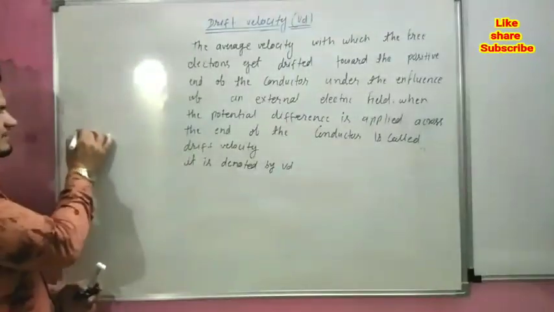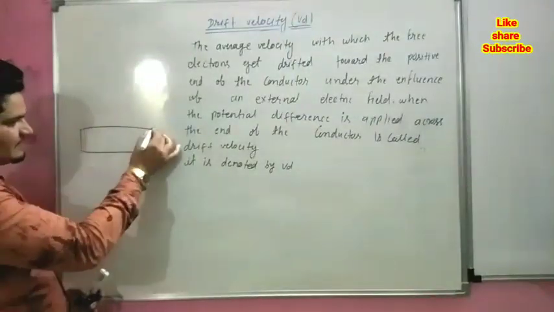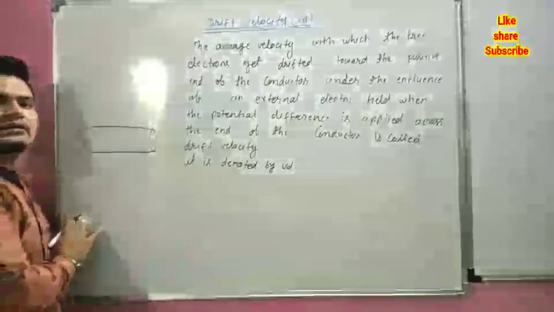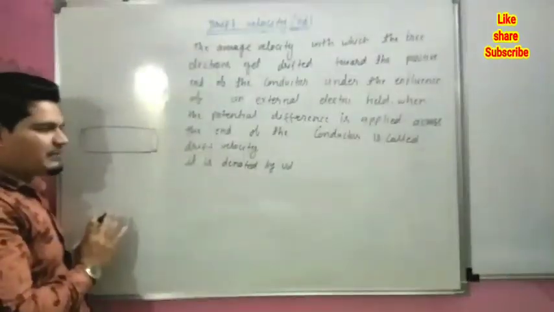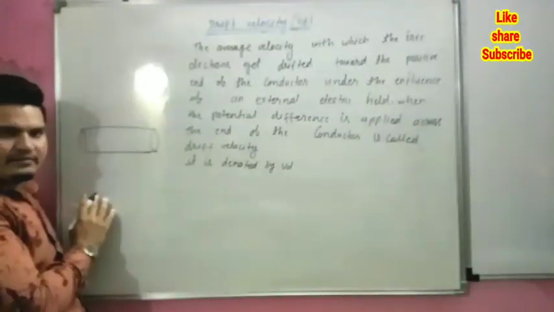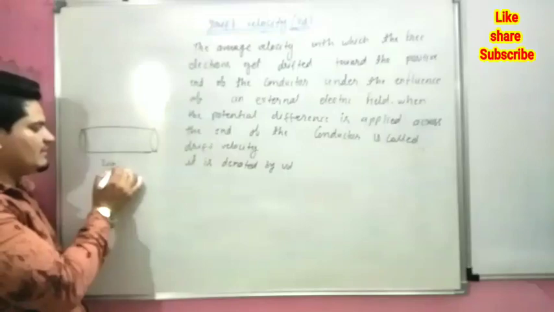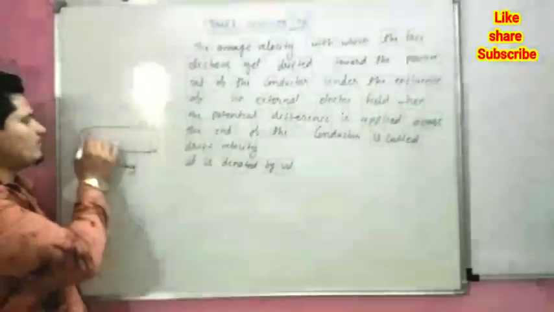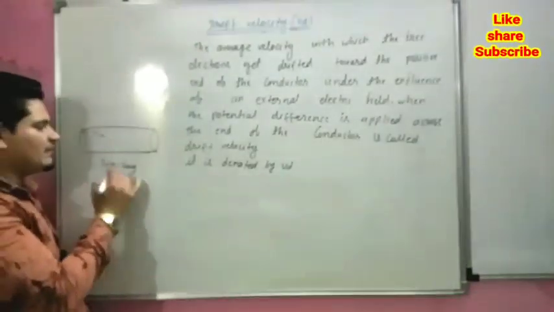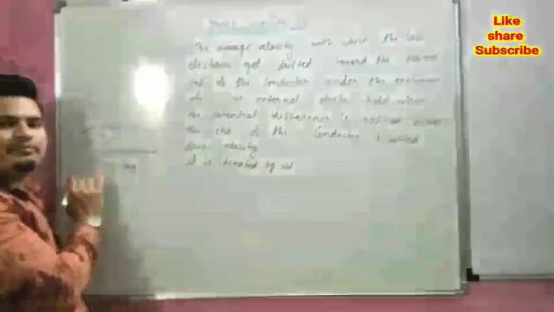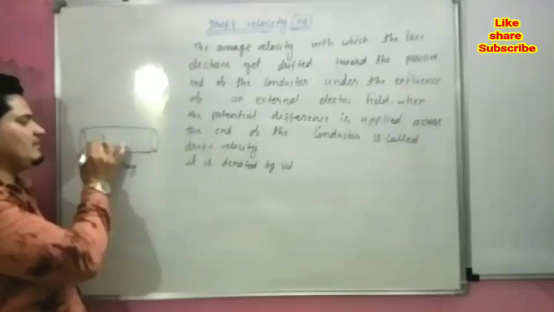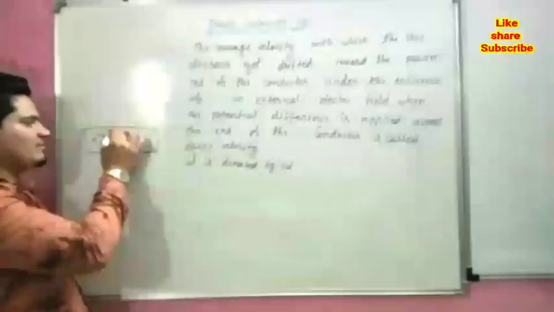Suppose this is the conductor of cross section A. When no electric field is applied across the ends of the conductor, electrons move in a zigzag manner. For example, sometimes an electron moves in this direction, and after collision with other electrons or positive particles, it moves in this direction.